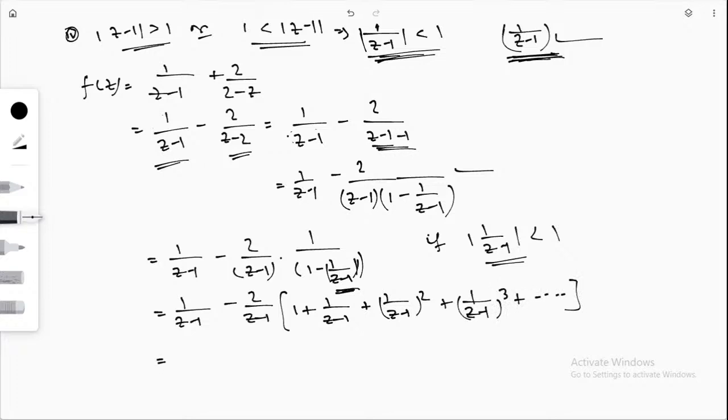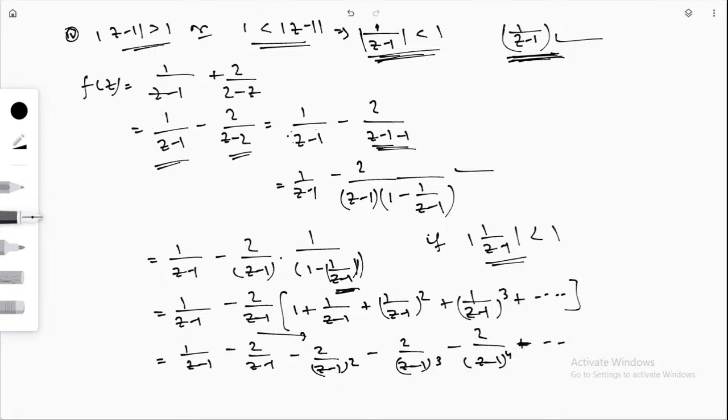So I can simplify one more line, and this is 1 by z minus 1, then multiply this one on this bracket. So this will be minus 2 by z minus 1 minus 2 by z minus 1 whole square minus 2 by z minus 1 whole cube minus 2 by z minus 1 whole 4 minus dot dot dot. So this is your answer.